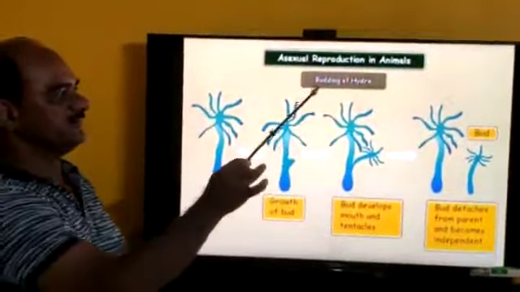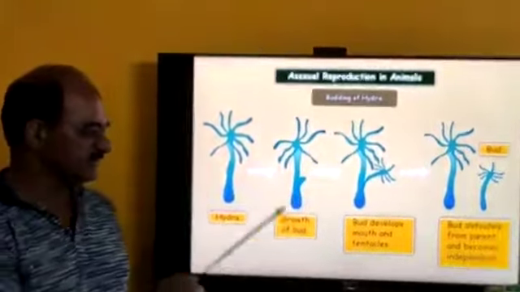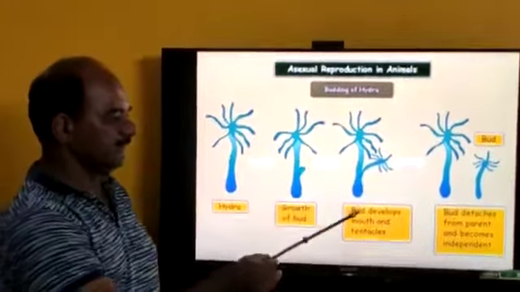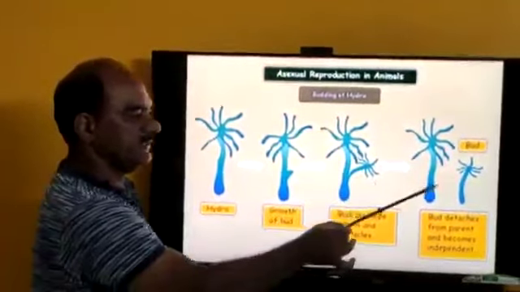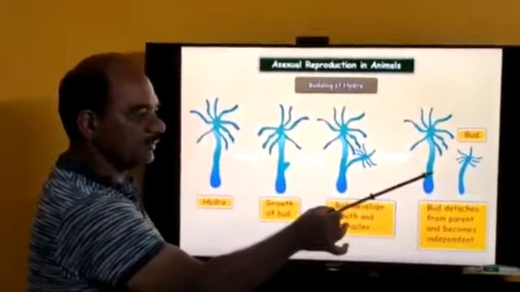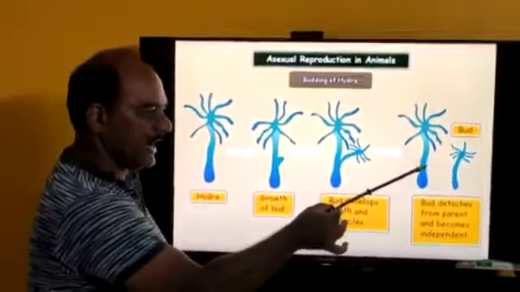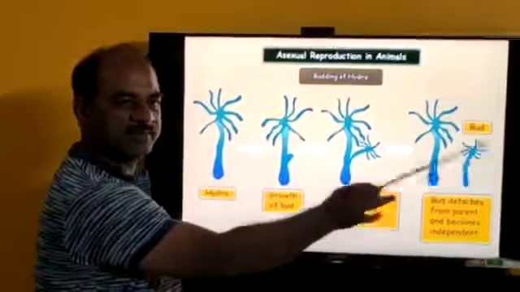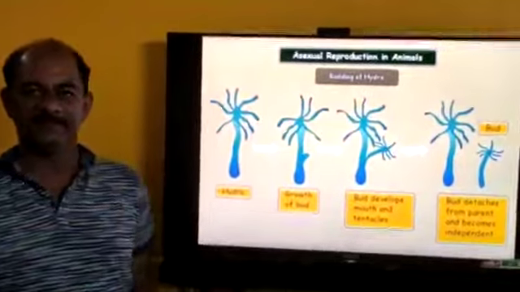So that process is called budding of Hydra. This is the second method: growth of the bud, the bud develops a mouth and tentacles, then the fully matured bud detaches from the parent and a new Hydra is formed.